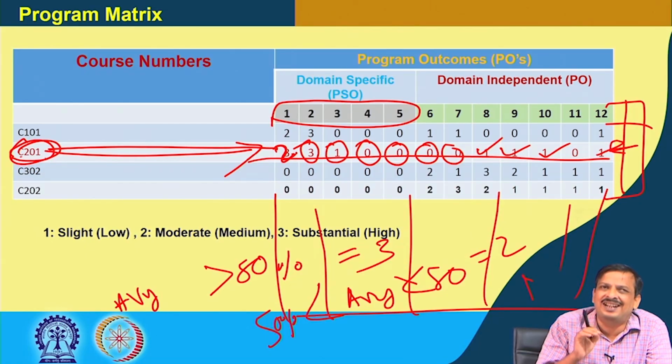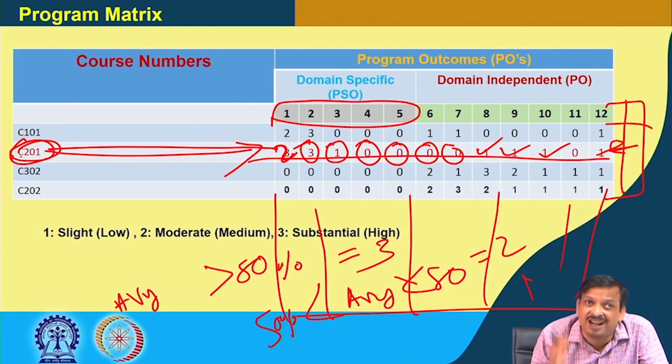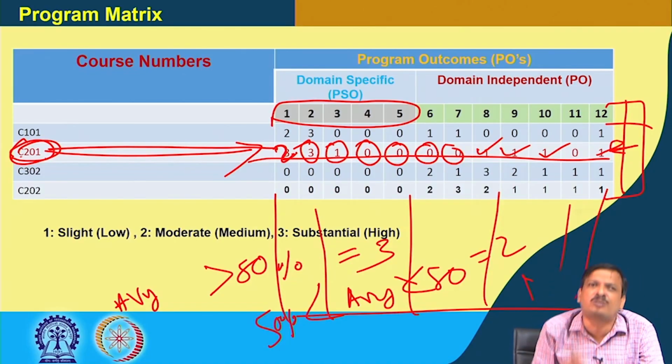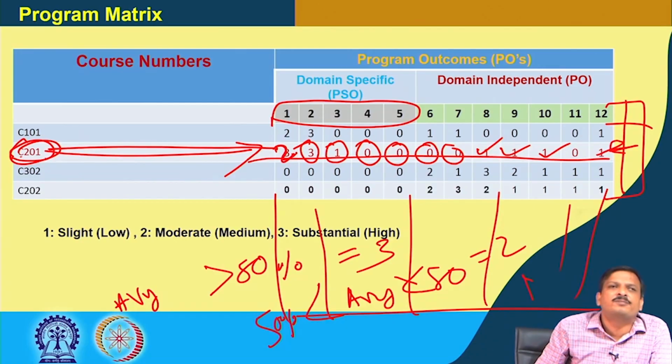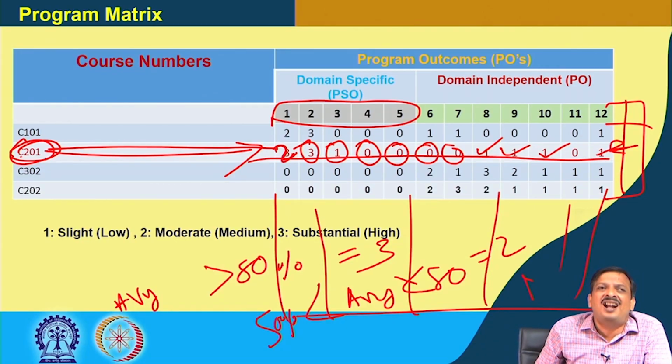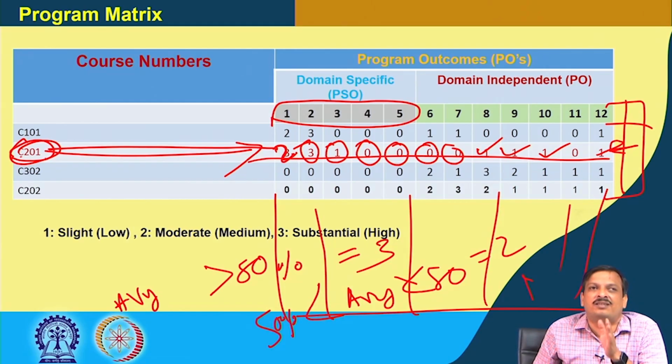So, you are saying that this course develops this skill. Now, I have to test whether that skill is actually developed in the students or not. How do I do that? That is called assessment. So, what I said, assessment is the process for gathering data about the students' competence. So, I take different kinds of assessment.